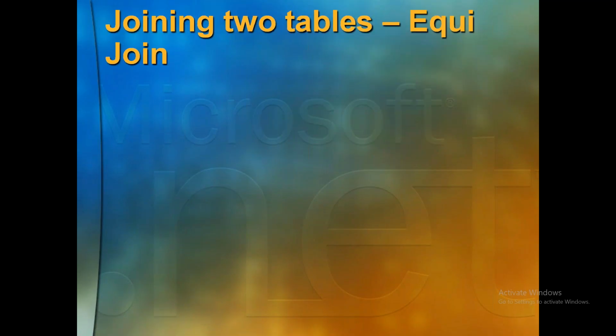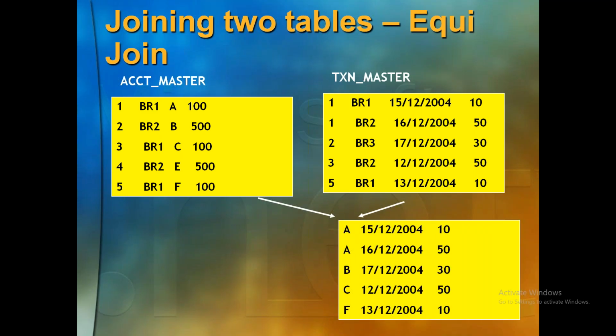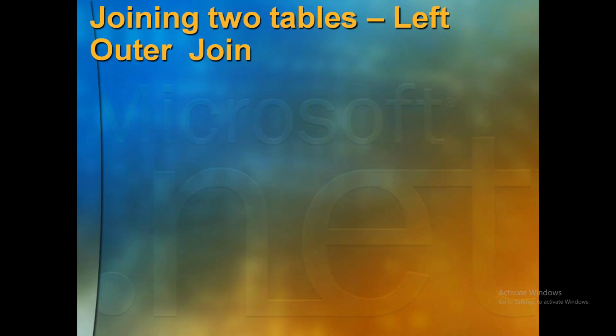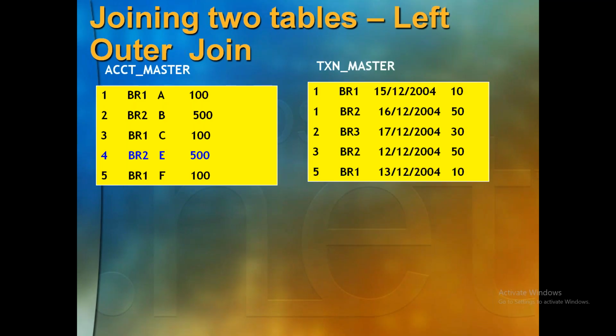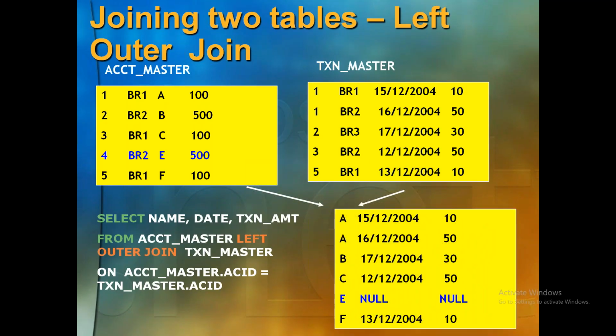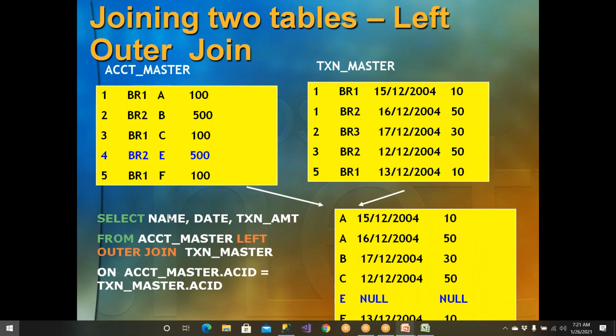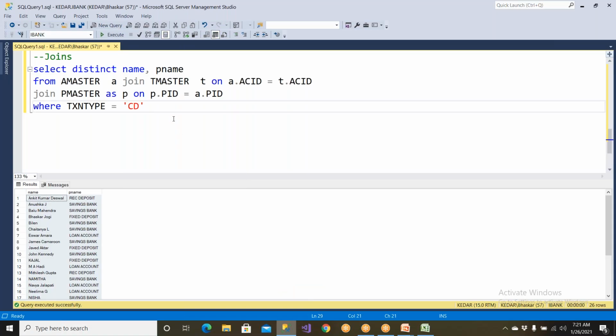Now, joining two tables, so we discussed all these things, right? Left outer join, full outer join. So if I wanted to use two tables with the left outer join, what will happen? For example, I wanted to know left join.